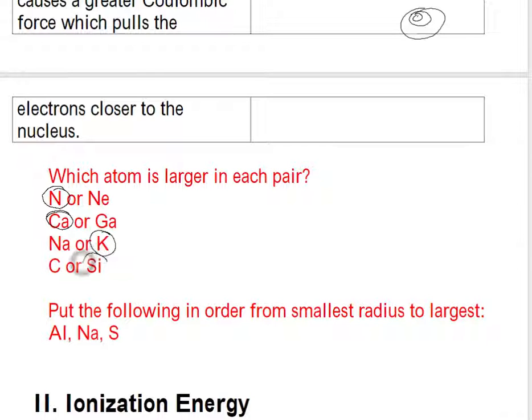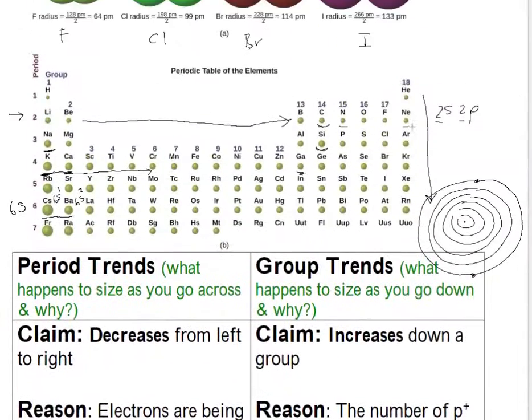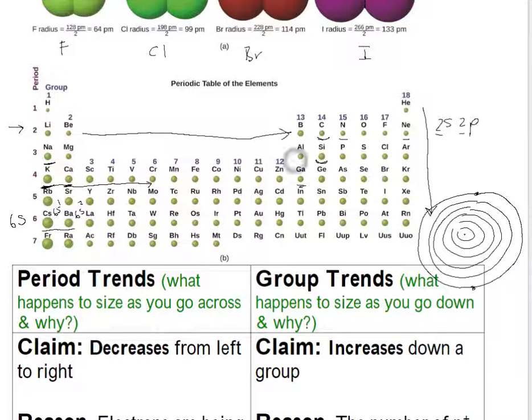All right, and then we need to find aluminum, sodium, and sulfur. Let's see where those are at. Aluminum is right here. Sodium is right here. And sulfur is right here. So we want to put them in order of increasing radius.